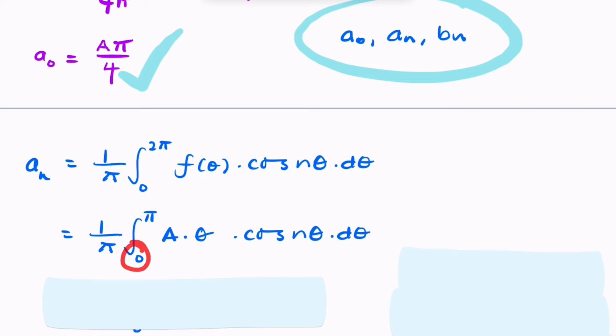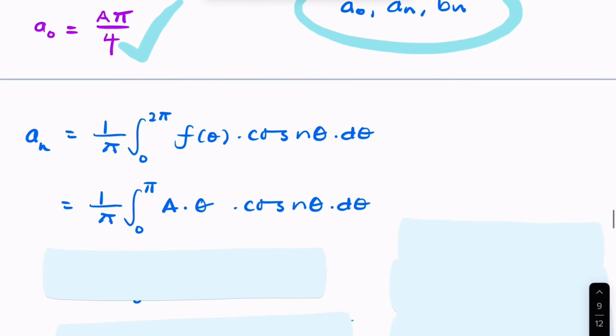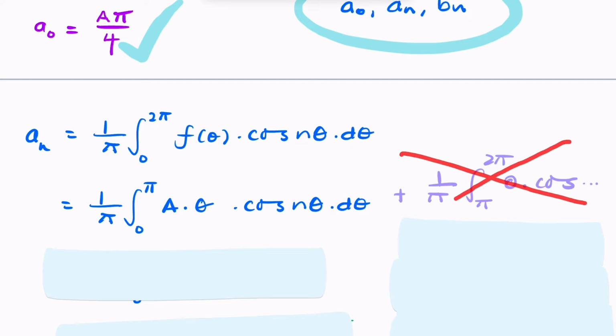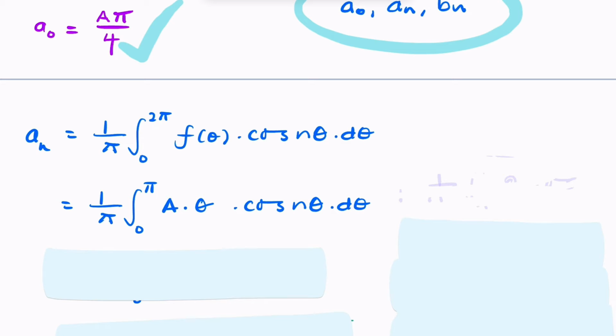So we've got from 0 to pi, and we've got the bit from pi to 2 pi, but that's just going to be 0. So there's no point calculating that. So what I'm going to do is focus on the bit that isn't 0, which is from 0 to pi.